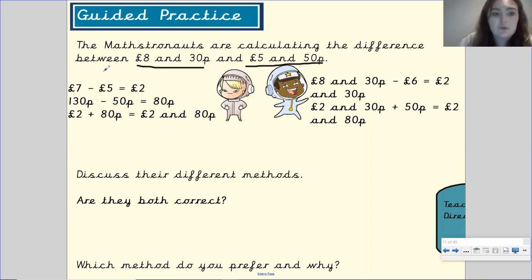So this pink astronaut here, from the £8 she's taken off one of the pounds and put it as £7. So she's made that £7, take away the £5 here.